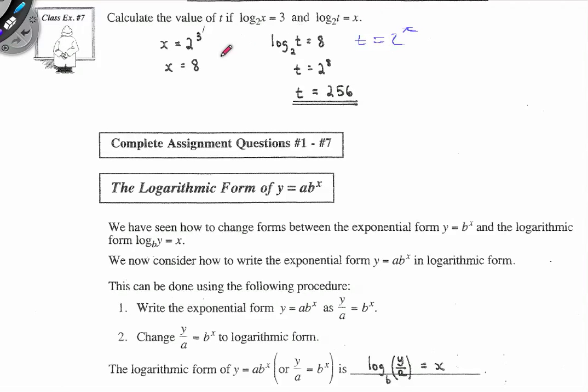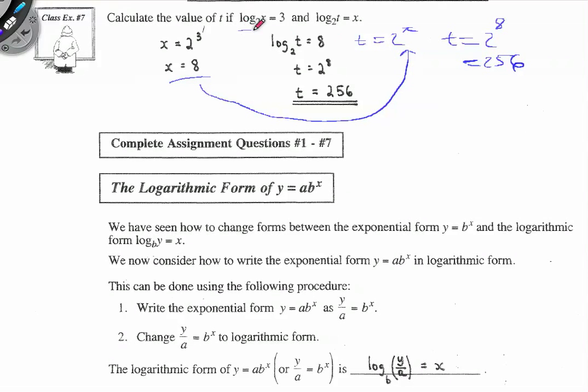Oh, okay, so what they're saying here, calculate the value of t if log x base 2 is 3 and log t base 2 is x. So notice we have converted this to the exponential form and solved for x. Now that we have x, we can substitute that over in here. So t will equal 2 to the 8 or 256.